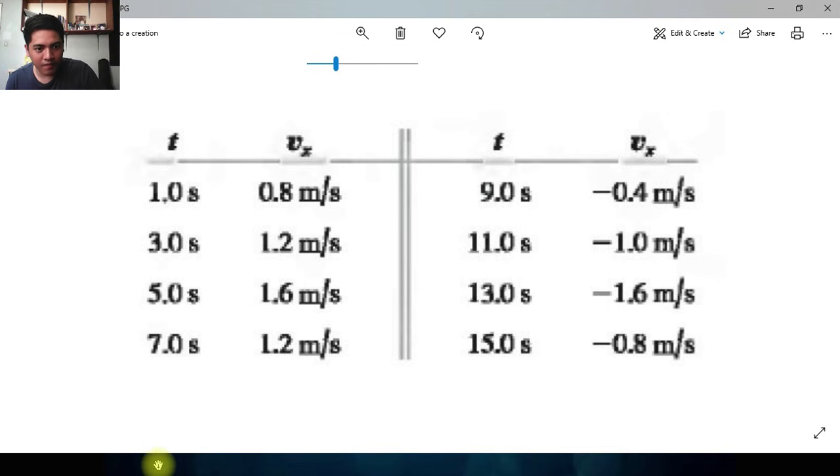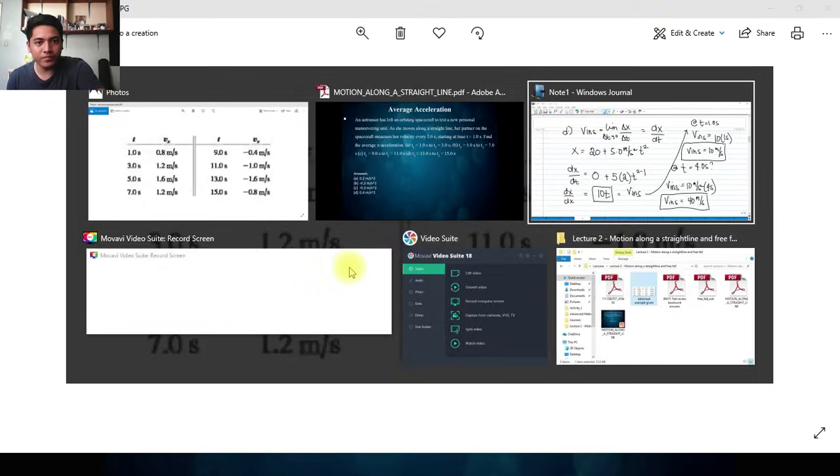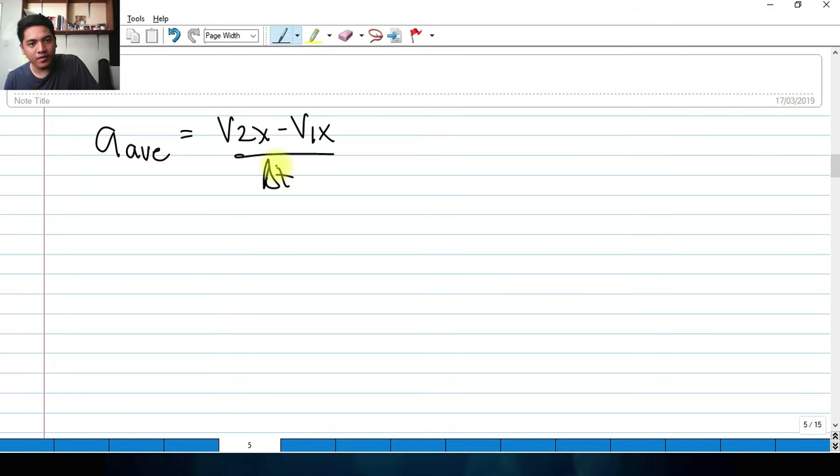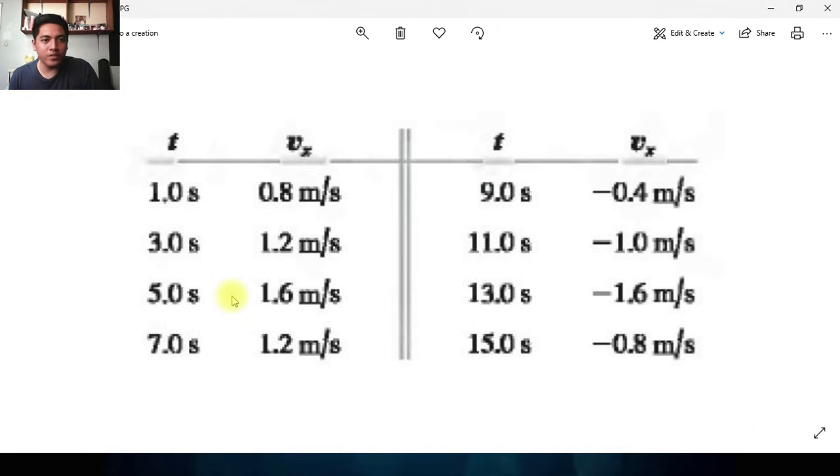So average acceleration is what? Average acceleration a ave is simply v2x minus v1x divided by delta t. So at time t sub 1 we have 1 second, and t sub 2 is 3 seconds. This table of values is already given, so we can find the average acceleration of the astronaut.